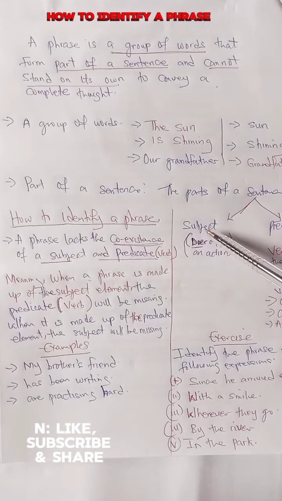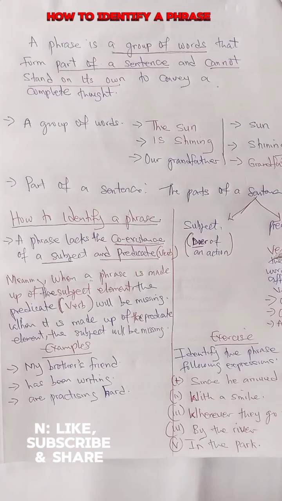We have the subject, which is the doer of an action, the person performing the action itself, and the other part of a sentence is the predicate. In looking at the predicate, we are looking at the verb and the other words that come after the verb. So in this class, we're going to be looking basically at the subject and the verb.